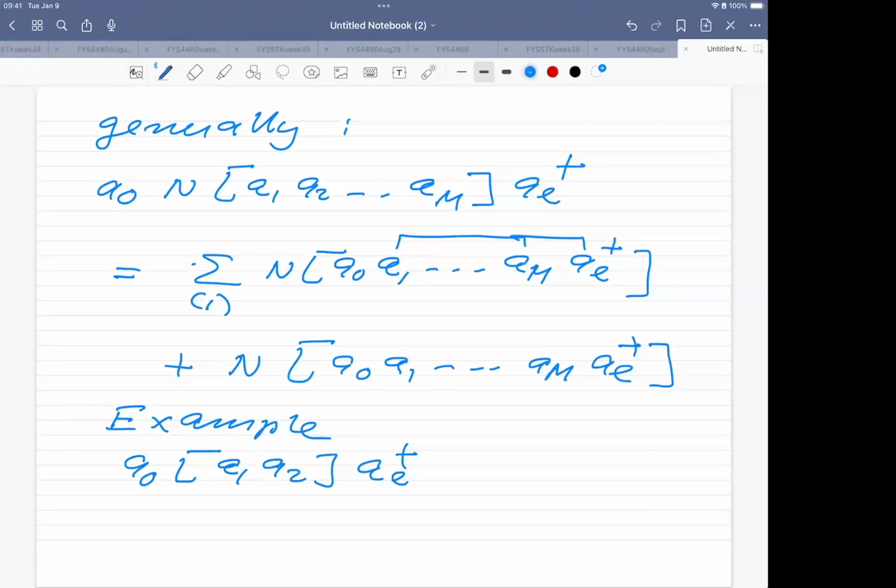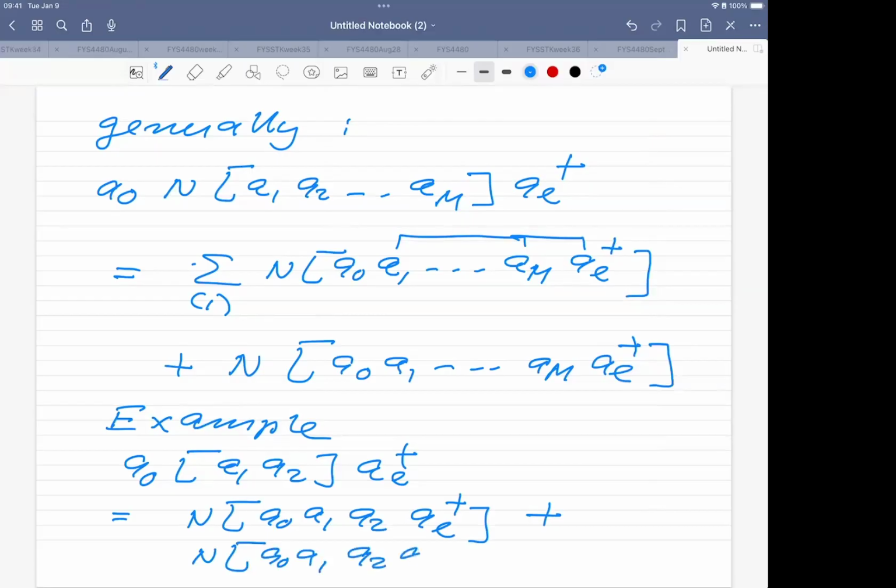And this is a chain then which results into the normal ordered chain of A0, A1, A2, and AL dagger, plus the contraction between N, and then I have A0, A1, and then I have A2, AL, plus the contraction between A0, A1, A2, AL.